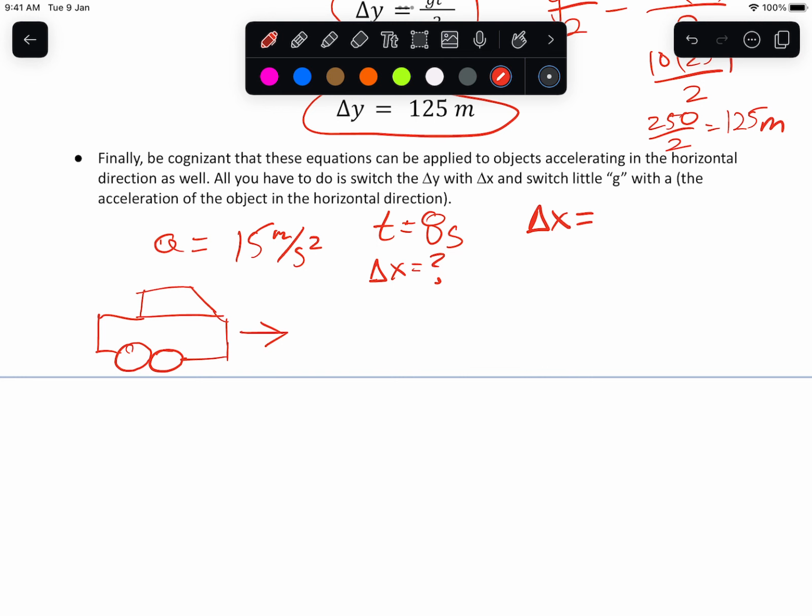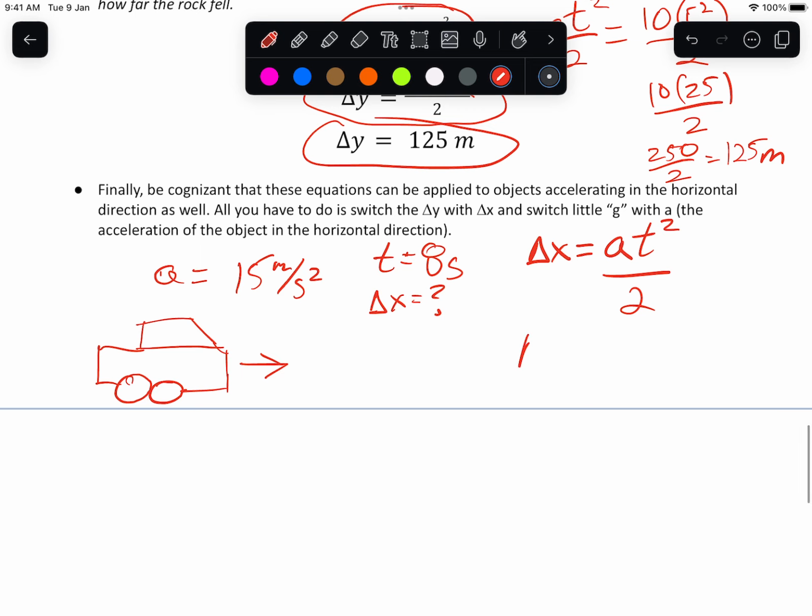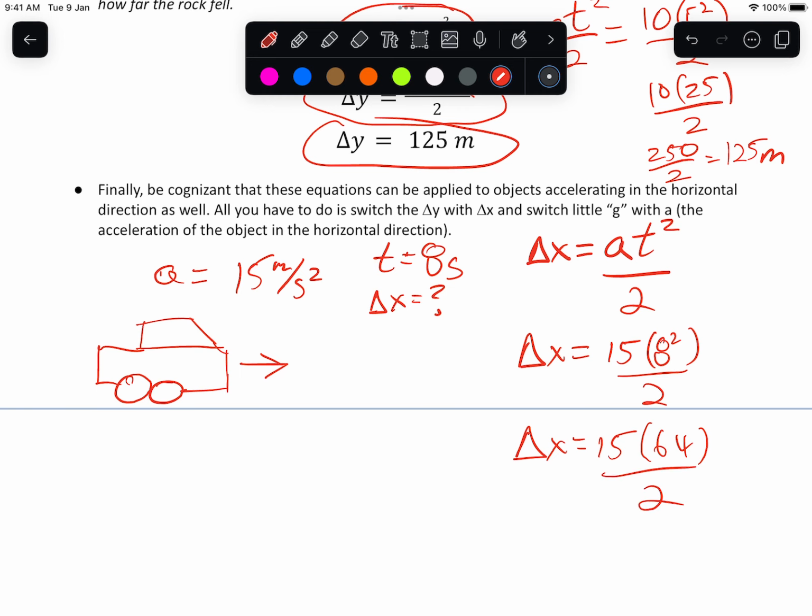So that's going to be equal to, instead of g, it's a, because that's the acceleration. T is the same, and it's divided by 2. So my change in position of this car is going to be 15 times 8 squared divided by 2. That change in x then is equal to 15 times 64 divided by 2.